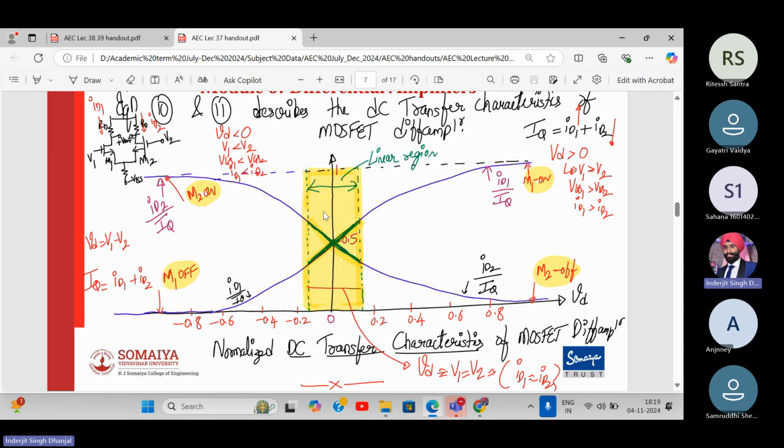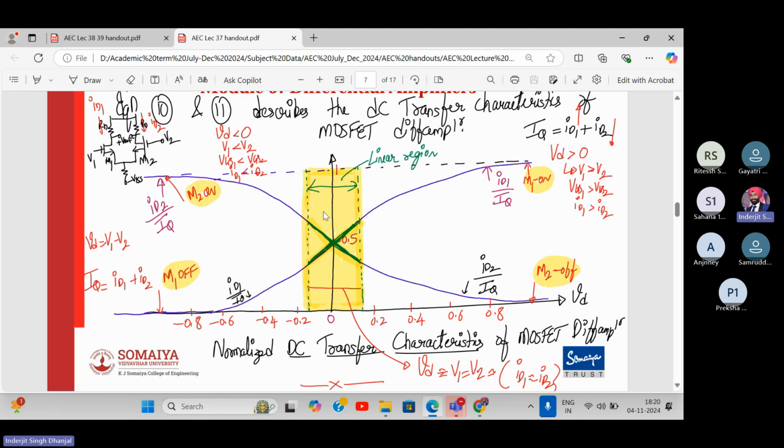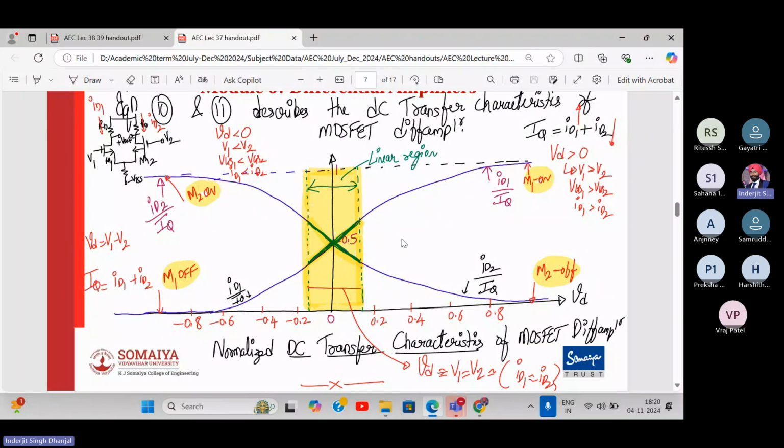This is important in the case of op-amps or instrumentation amplifiers. And a MOSFET can be easily fabricated in integrated circuit form. So these are the possible reasons why we go for a MOSFET differential amplifier.